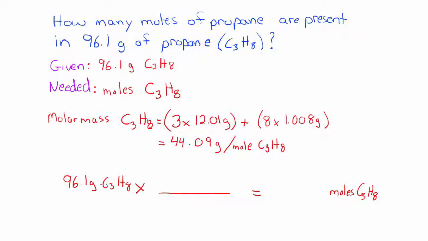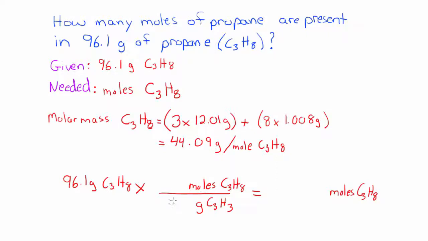So, same as all of the other conversion fractions, I want to get rid of the grams. I want to cancel out grams. I want to be left with moles. So that means I need to have grams diagonal from the grams of the first number here, and then I want moles to be on top because that's what I want to end up with.